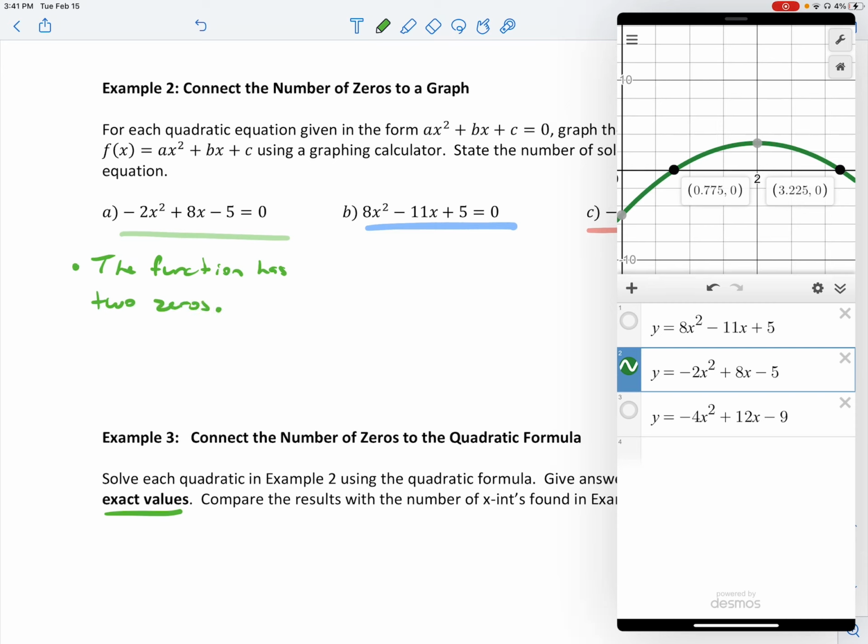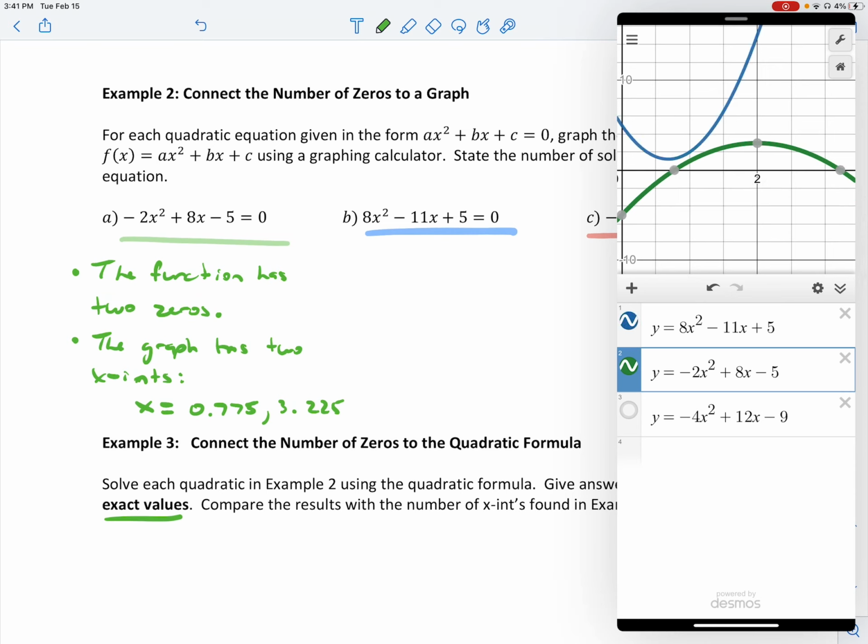We can say here the graph has 2 x-intercepts. And we'll just list them out right here. We'll say x equal to 0.775, and then the next one is at 3.225.